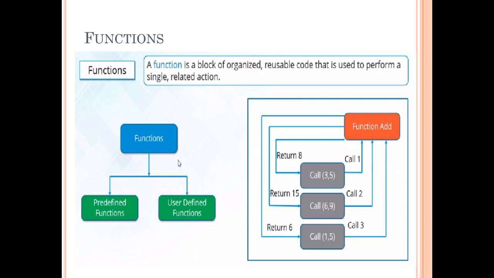Functions are categorized into two categories: predefined functions that we anyway are using, like print, and we have seen a lot of functions in the last 4 or 5 days. All those were predefined functions. Matrix functions were there. Today we saw seq_along and seq_len functions, but we haven't seen how to create a function. That's what we are going to see now, a user defined function.